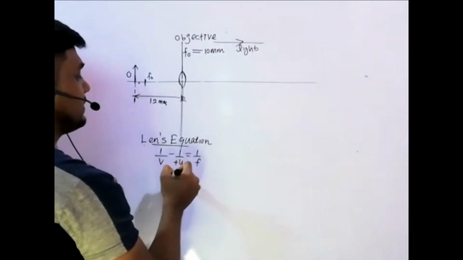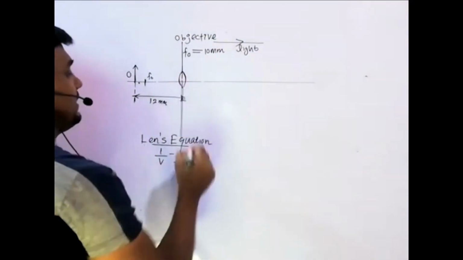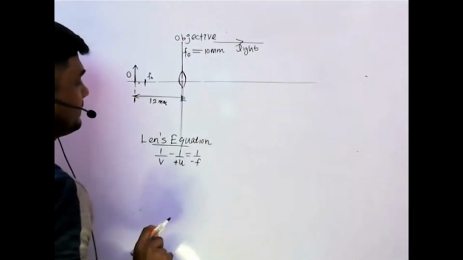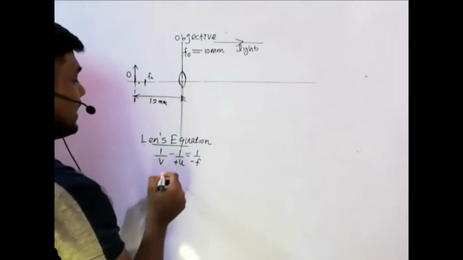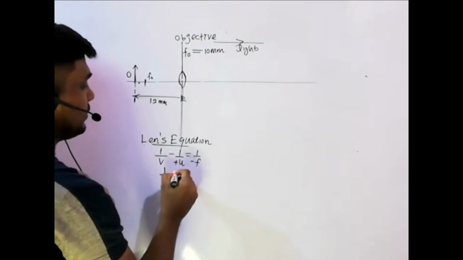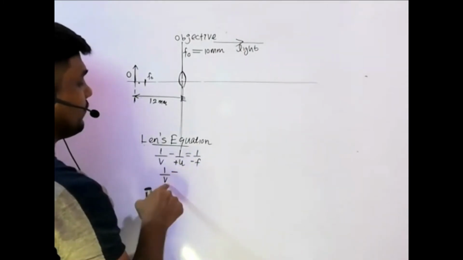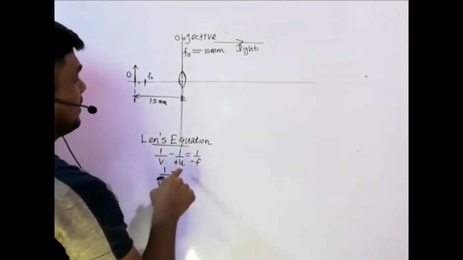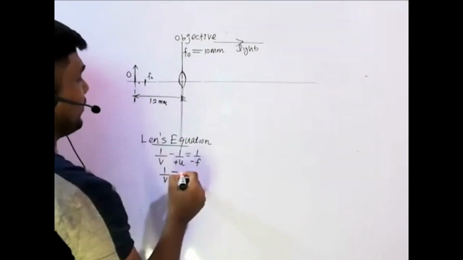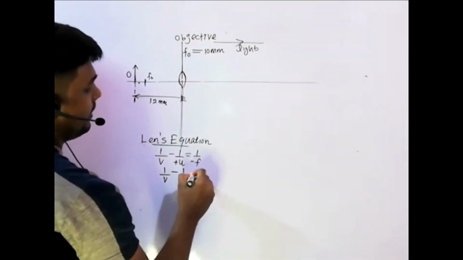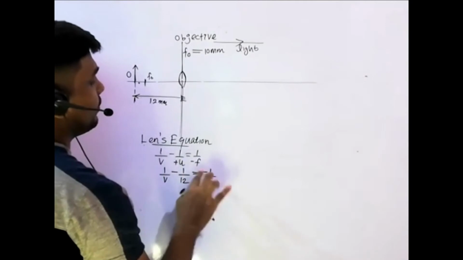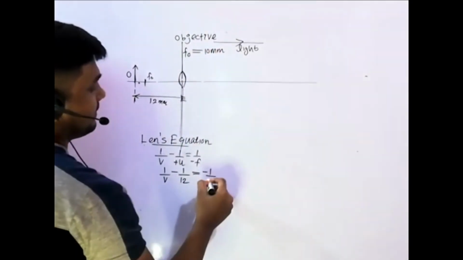Therefore, U is plus. It's a convex lens, so focal is minus. I know the values, I can substitute. 1 over V is equal to minus 1 over U, so 1 over 12, equal to minus 1 over focal length, 10 millimeters.